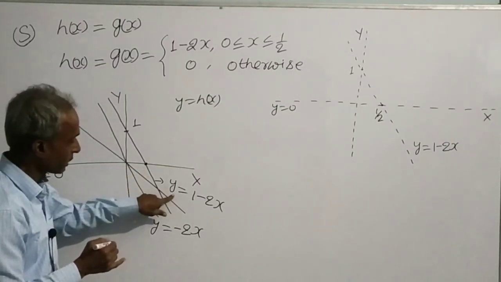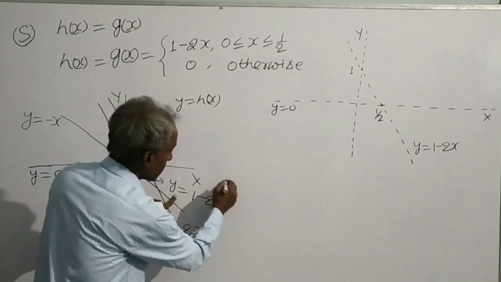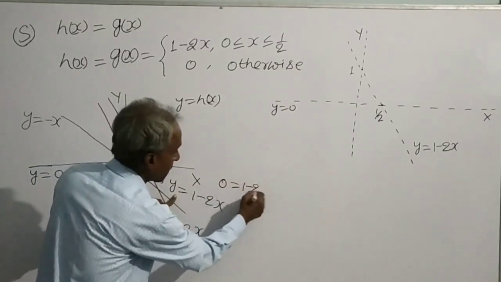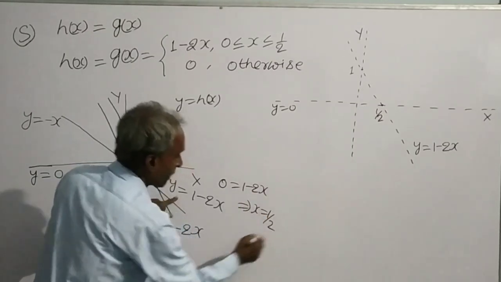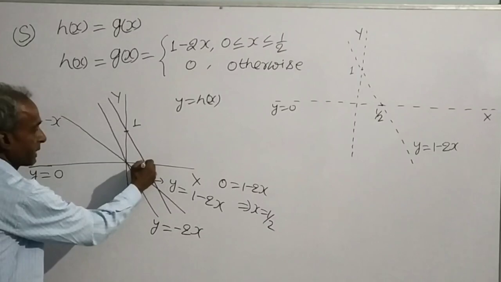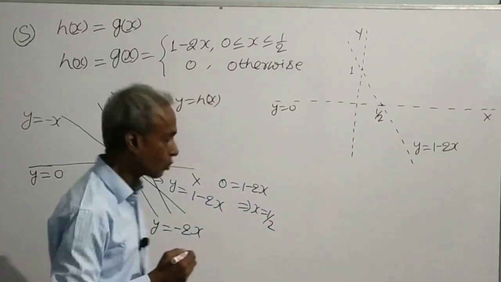When we put 0 in place of y, we get 0 is equal to 1 minus 2x. This implies x is equal to 1/2. That means the x coordinate of this point is 1/2.